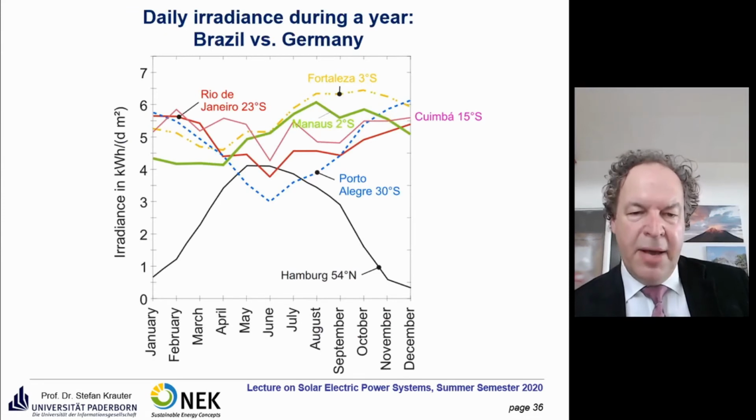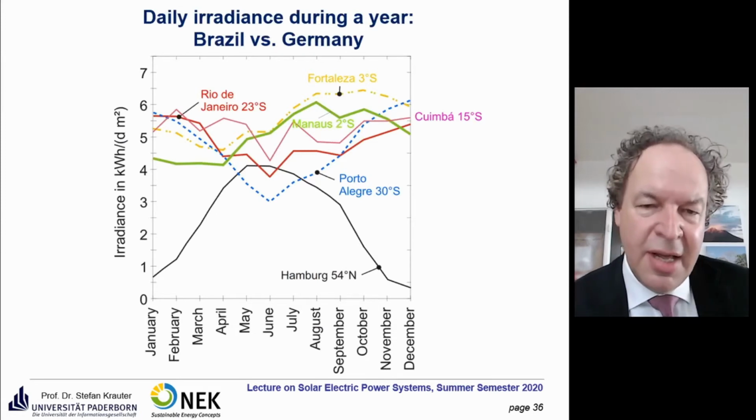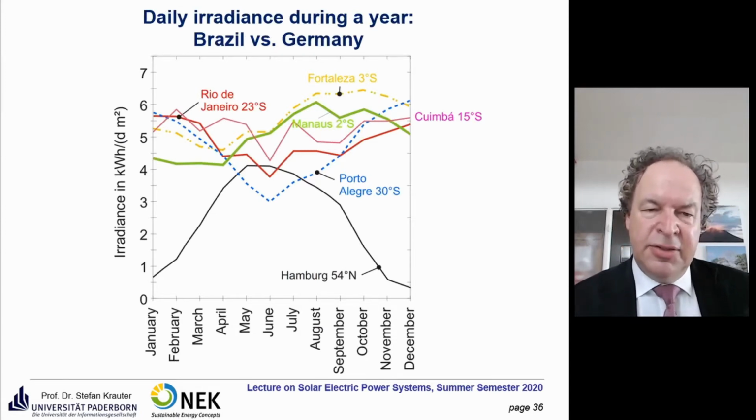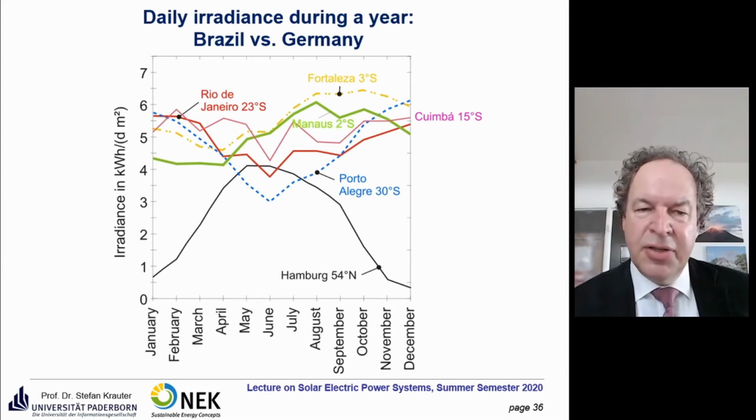This is also a comparison to Hamburg and some locations in Brazil. Since we lived there for some time, I have a lot of data from there. It depends very much where you are in Brazil. If you are in Rio de Janeiro, the irradiance stays almost constant all over the year. This is the red line.